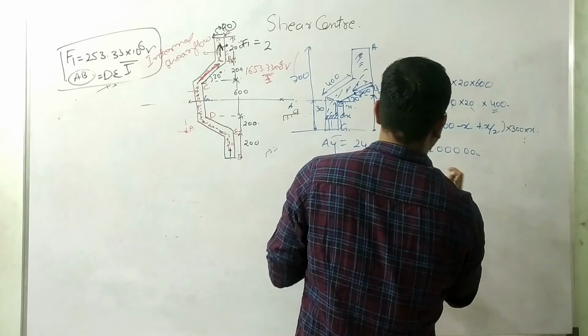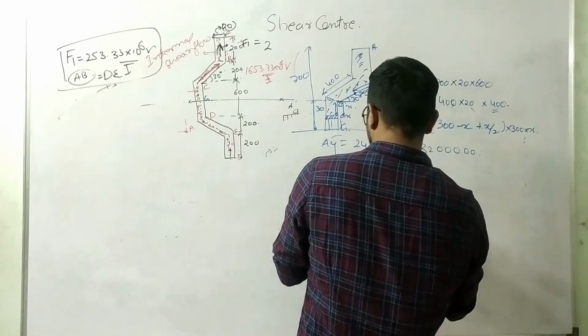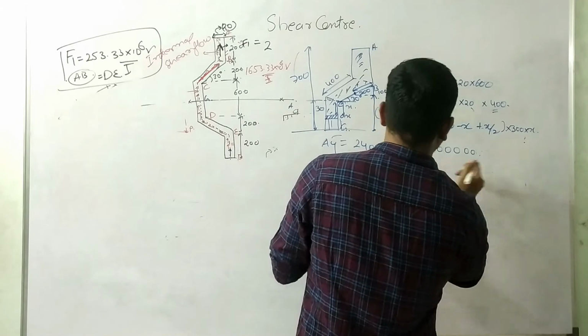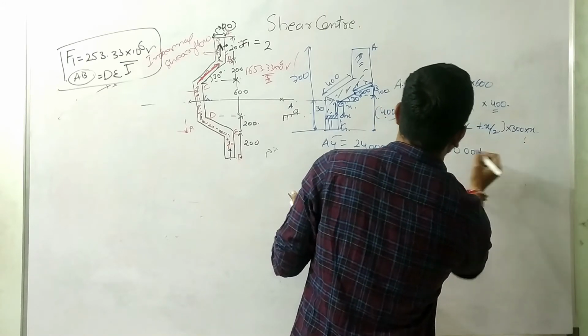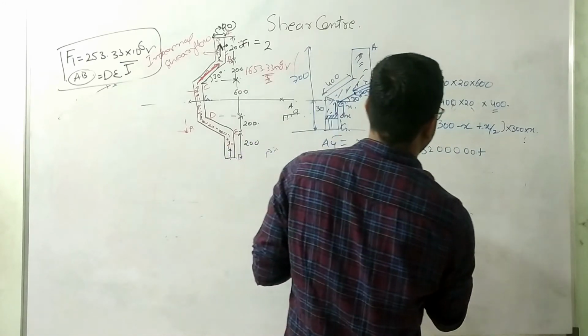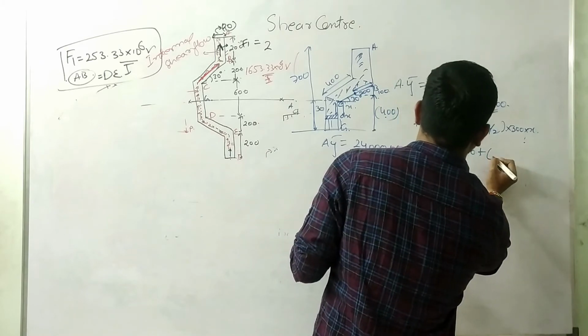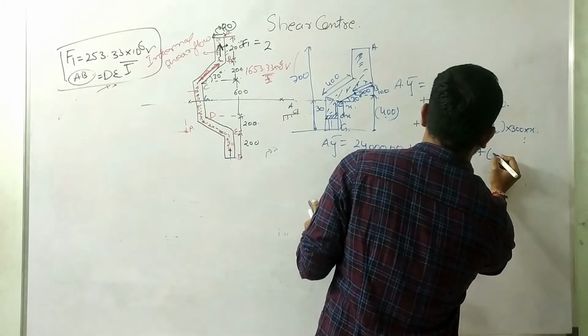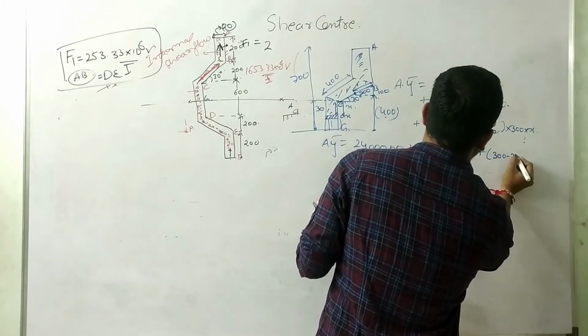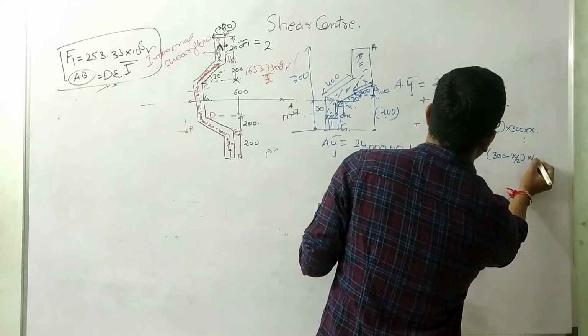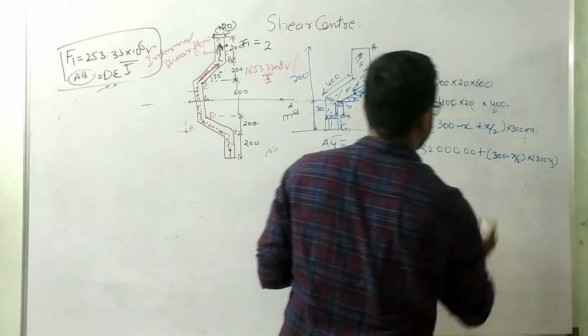So this thickness is 20 mm. So it is 3,20,000 plus this expression, which is nothing but 300 minus of x by 2 into 300 of x.